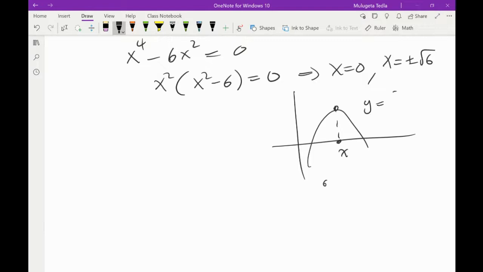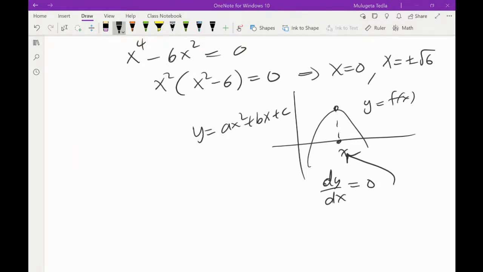If you have y equal to f of x and you do dy by dx equal to 0, you find that x. Like the equation you mentioned, y equals ax squared plus bx plus c: if you differentiate that equation and set it equal to 0, you get the same formula that you use for the vertex.